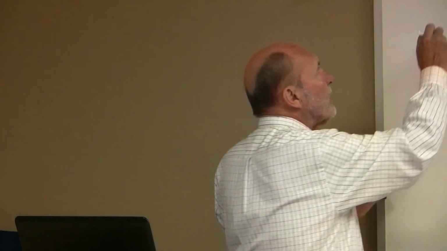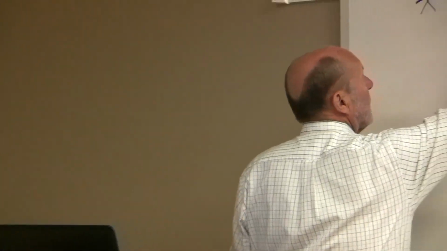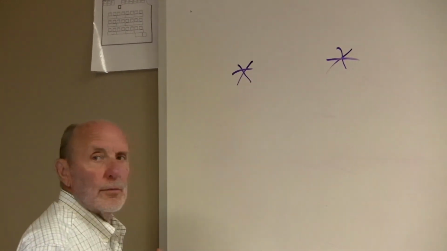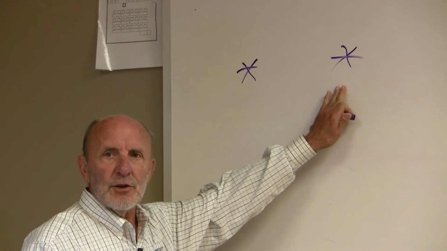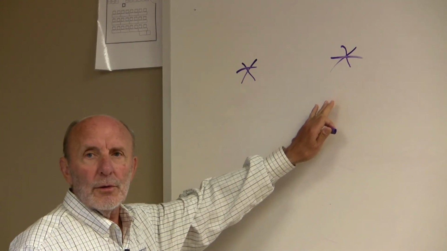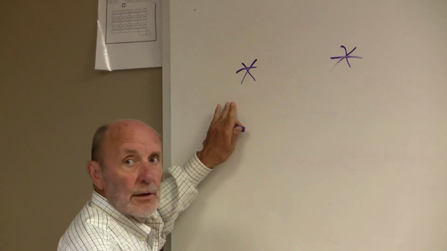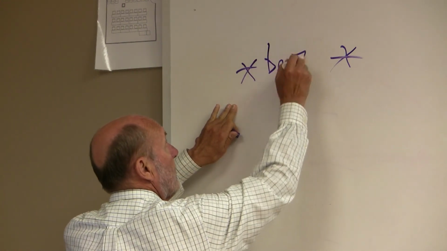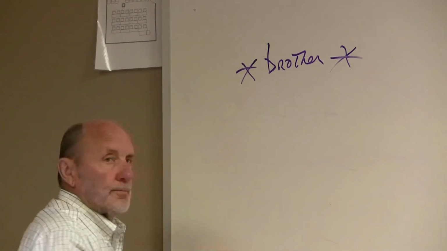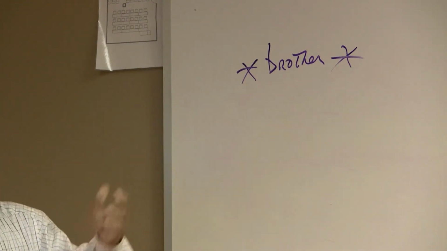So when you made a covenant, and both of you, I'm going to just draw a siglet, and both of you were equal, this is Joe and this is Bob, and they just made a covenant and they're equal, then the covenant language that would describe them is brother. Now, they weren't really brothers. They weren't biological brothers. They weren't kin.